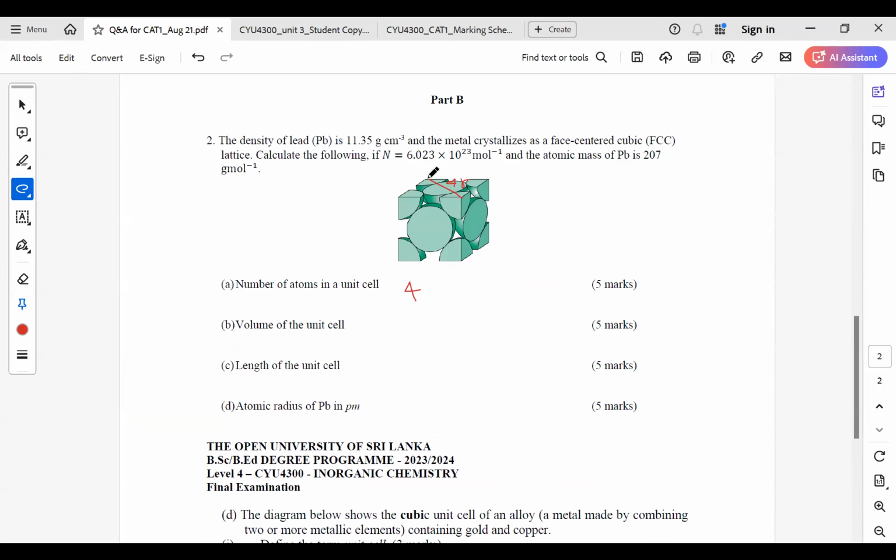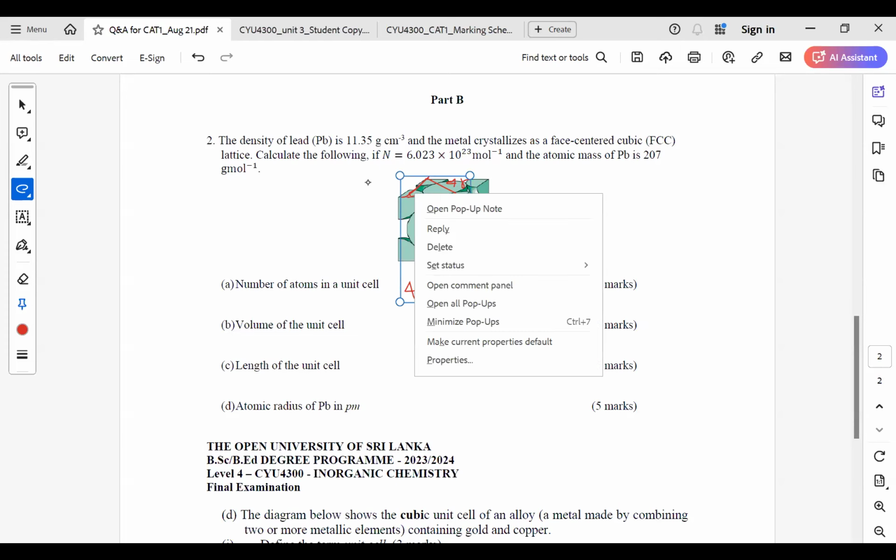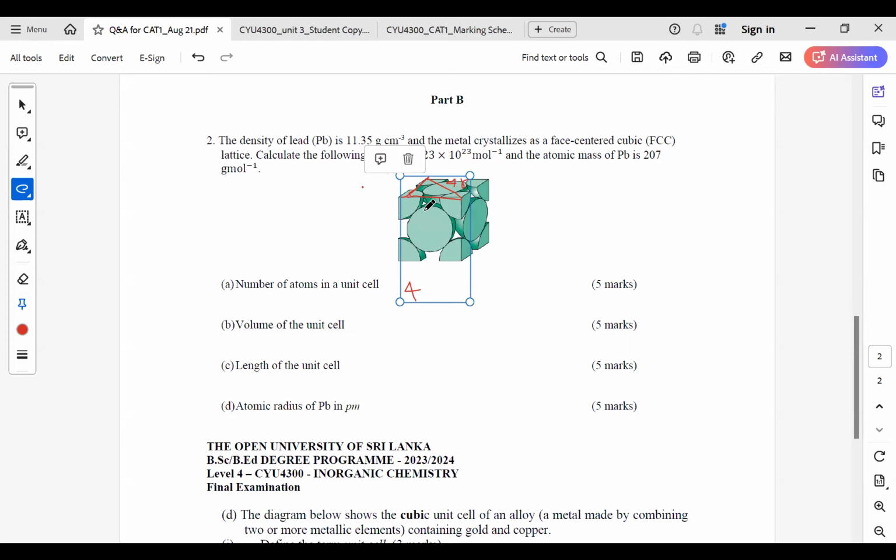Four radii of the lead atom means they are aligned in the diagonal. If you consider this right angle triangle, this is our unit length A. This is also unit length A. And 4R is the diagonal.